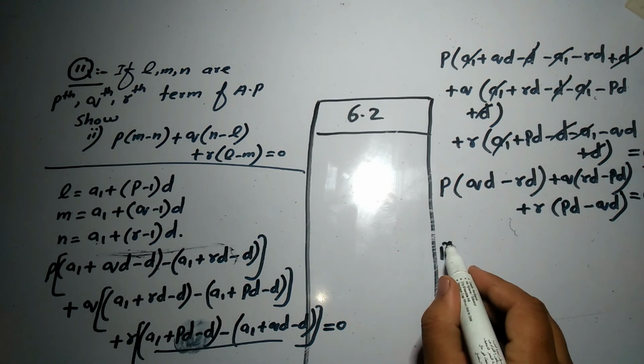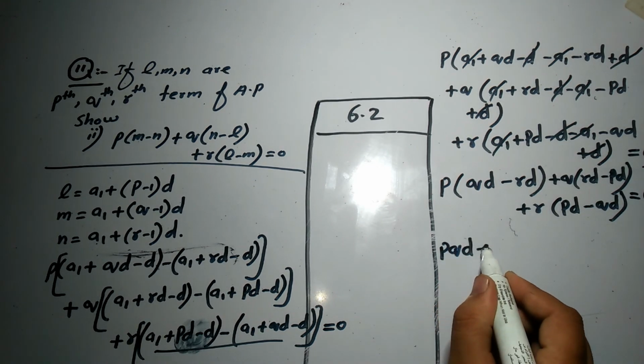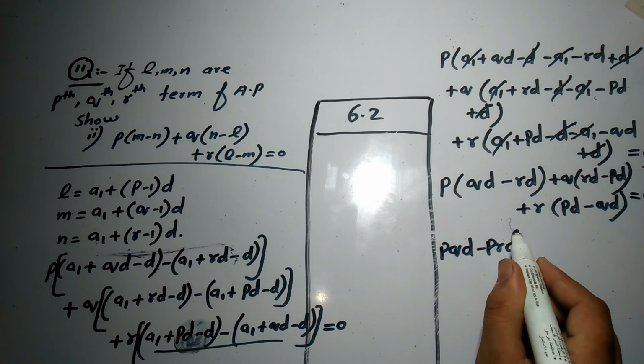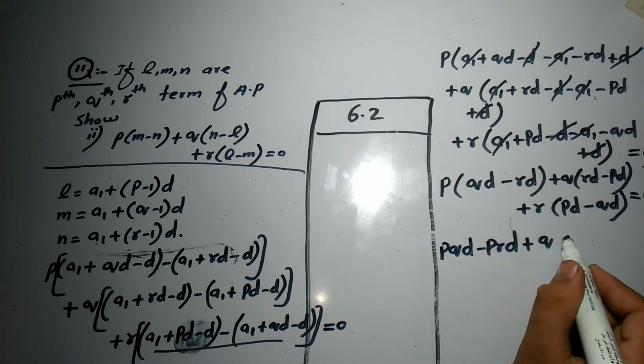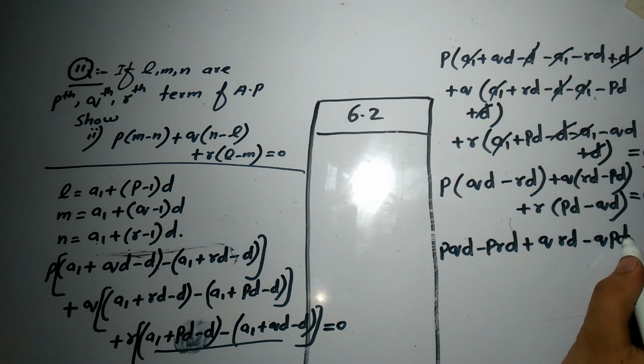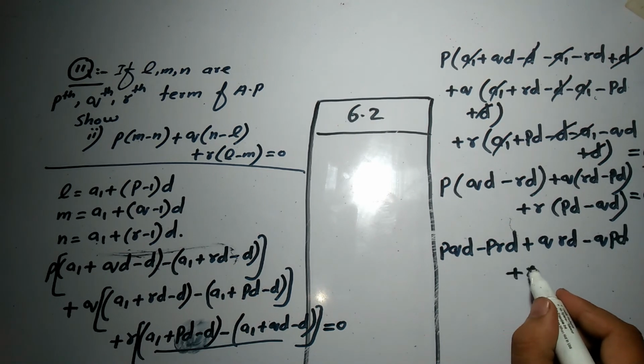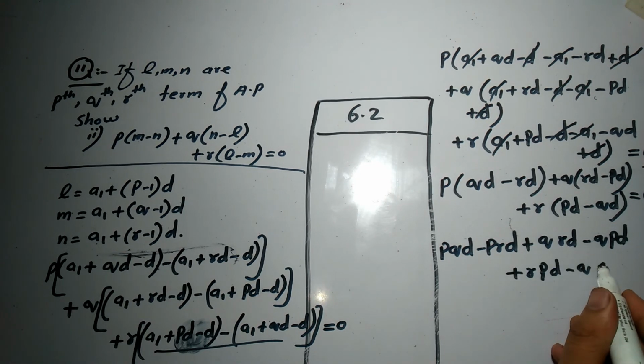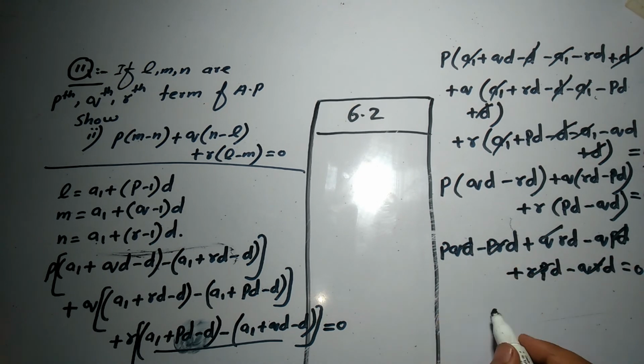So this will become PQD minus PRD plus QRD minus QPD plus RPD minus QRD. So all of these will be cancelled out, so 0 will be equal to 0. This is the proof of the question.